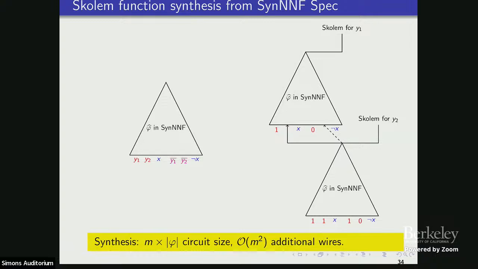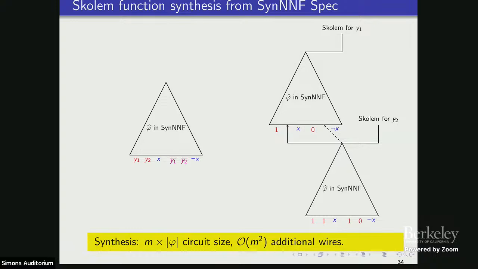So effectively, we are doing existential quantification by setting both of these to 1. Because it's in SYN-NNF, this achieves existential quantification. And remember, there were a lot of possibilities for choosing a one output Skolem function, and we are basically choosing these one output Skolem functions here.